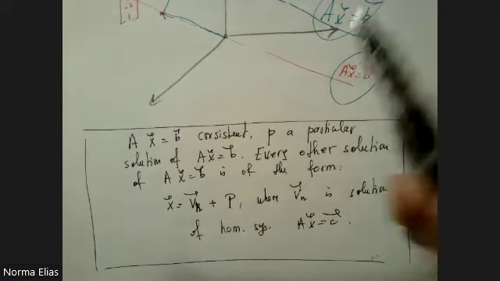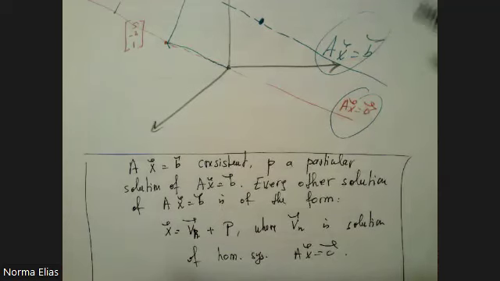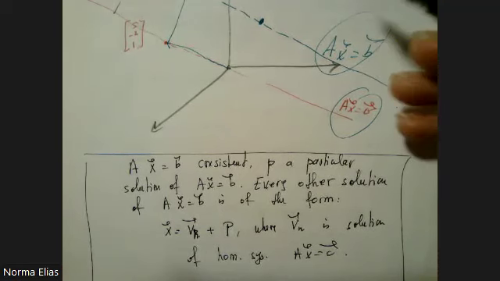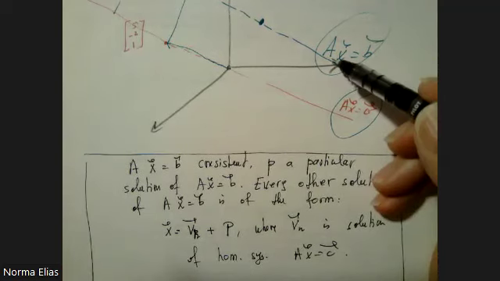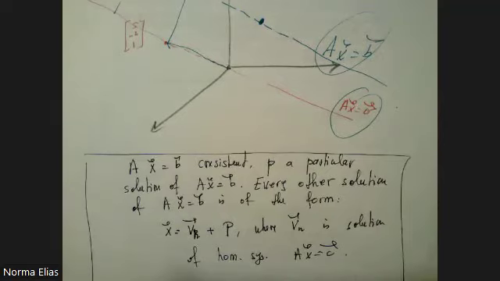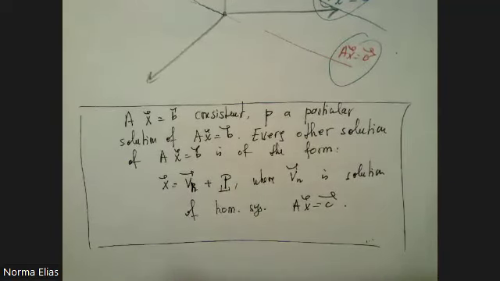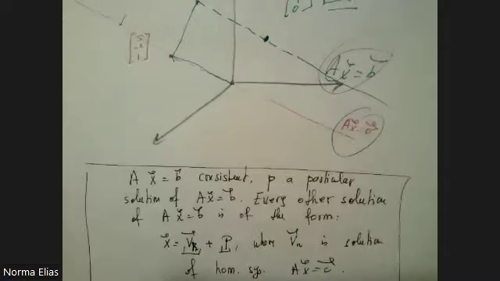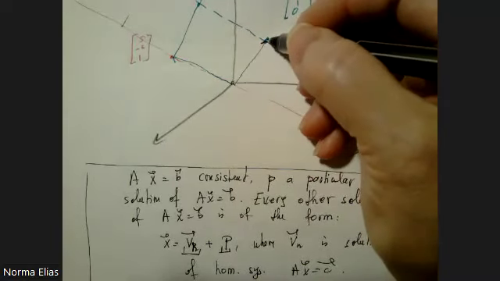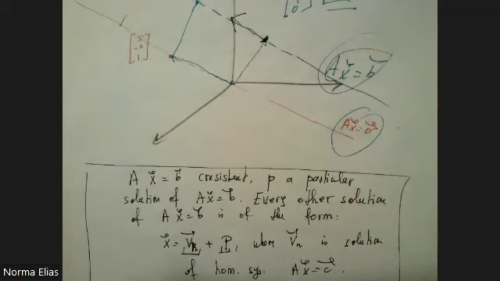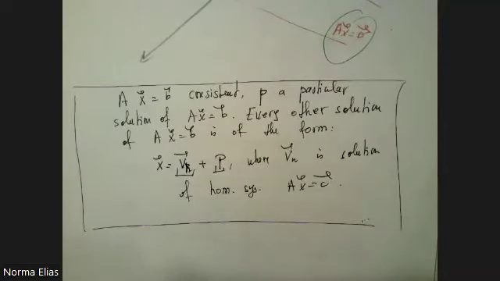It means if you keep the coefficient matrix the same but you put a vector b, you're creating a whole new system. But the relationship between those two solutions is that every solution of Ax equal to b is a certain particular solution, and you add to it a solution of the homogeneous system. So it means you take this one and you add a scalar multiple of the solution of the homogeneous.